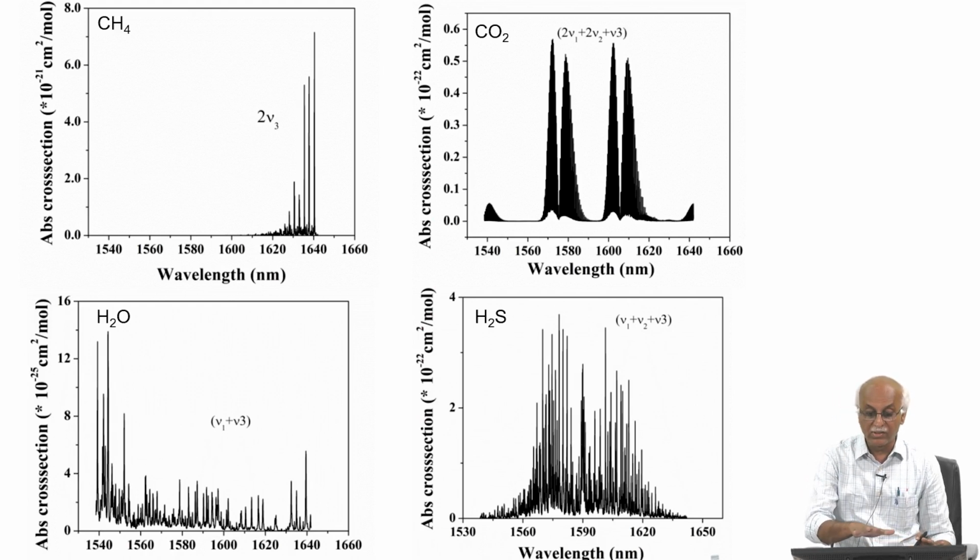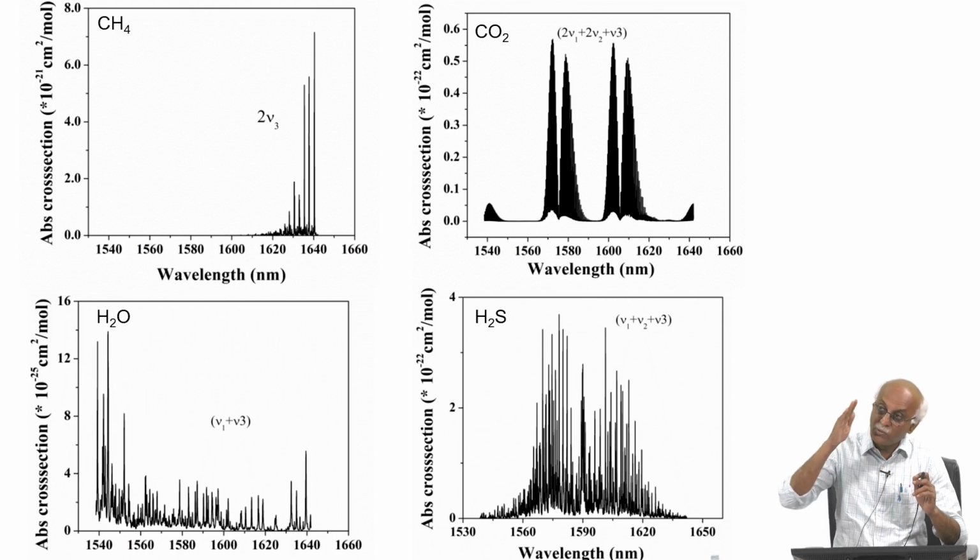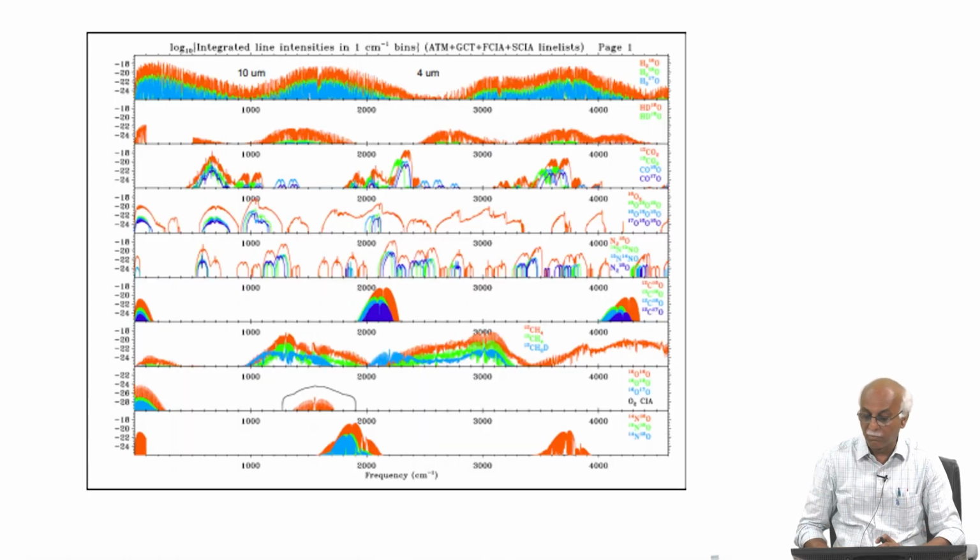The transitions for different gaseous molecules have been derived by various research groups in physics and chemistry, and there is a database available, the HITRAN database, which has been updated since the 1960s and 70s. That database gives us what those bands are.